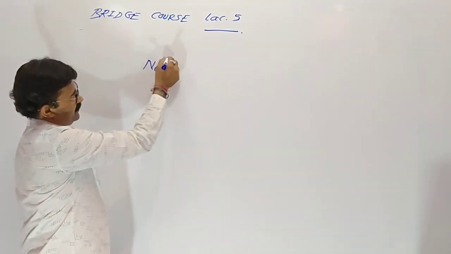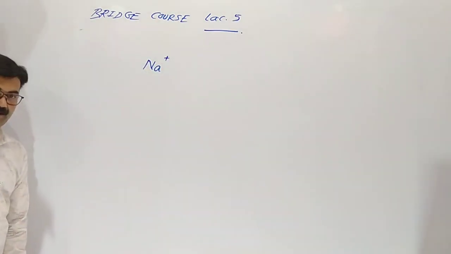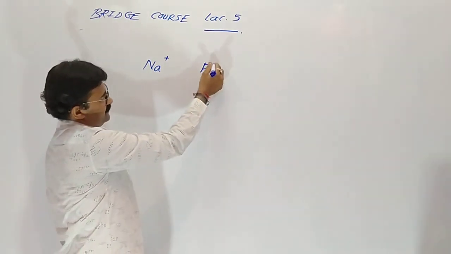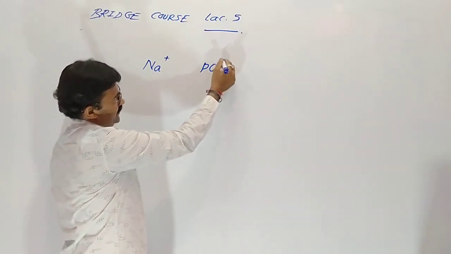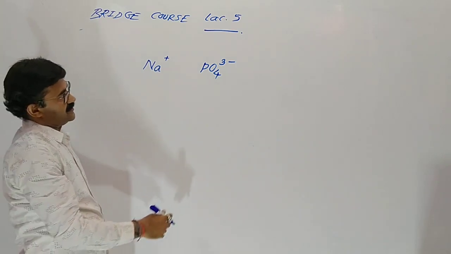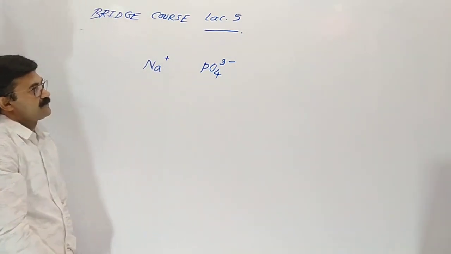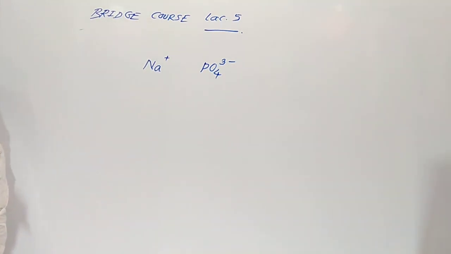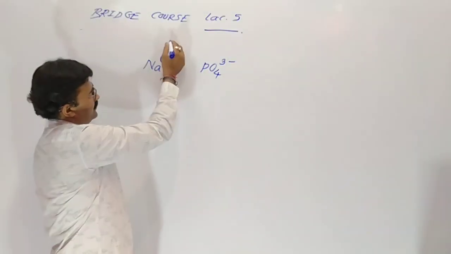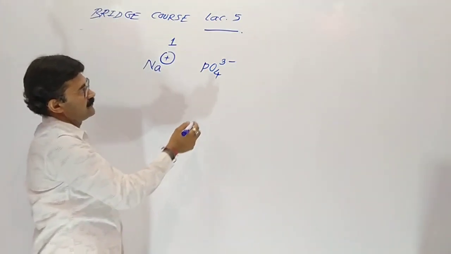So one of them is Na plus, the charge of sodium is plus 1, and phosphate has minus 3. In the last lecture we discussed that the compound should be neutral by charge. Here plus 1, so it should be 1.